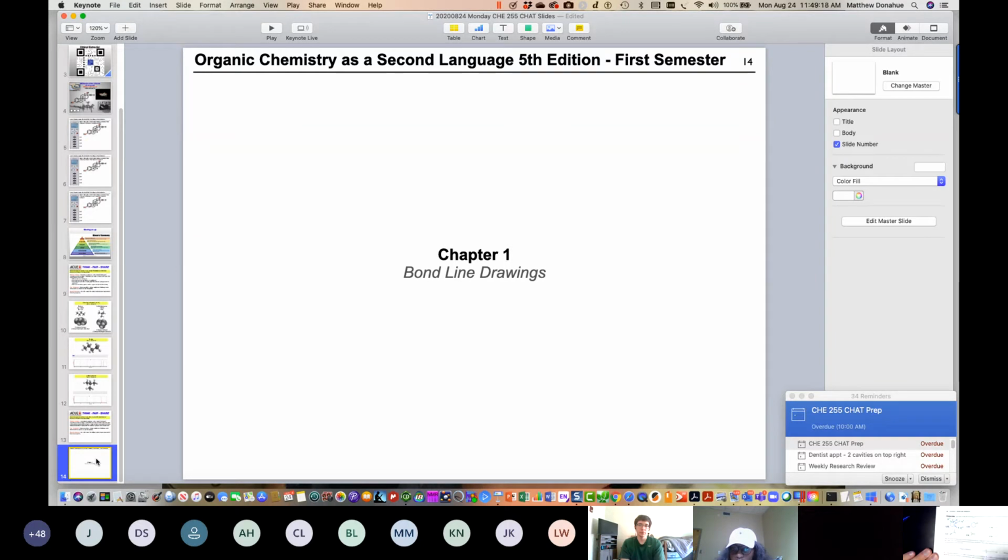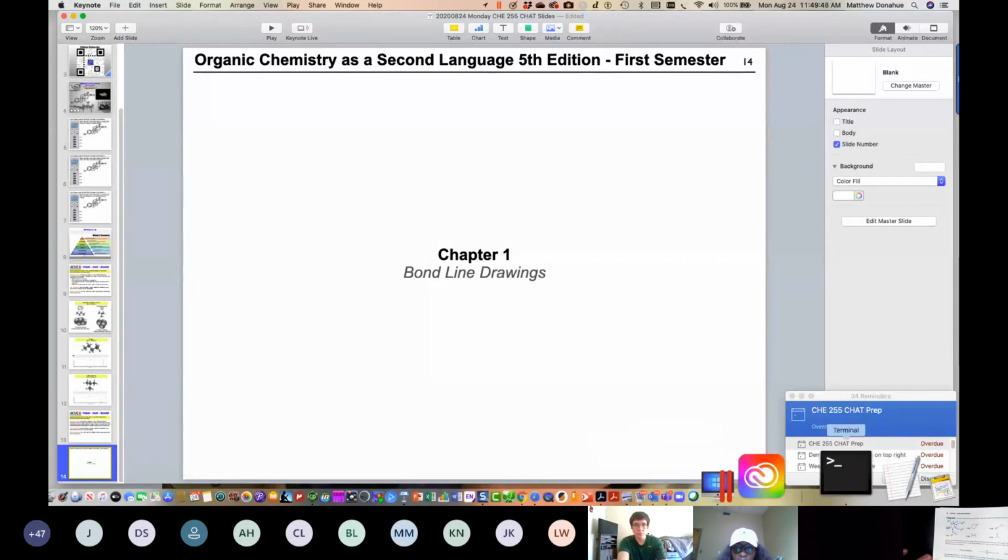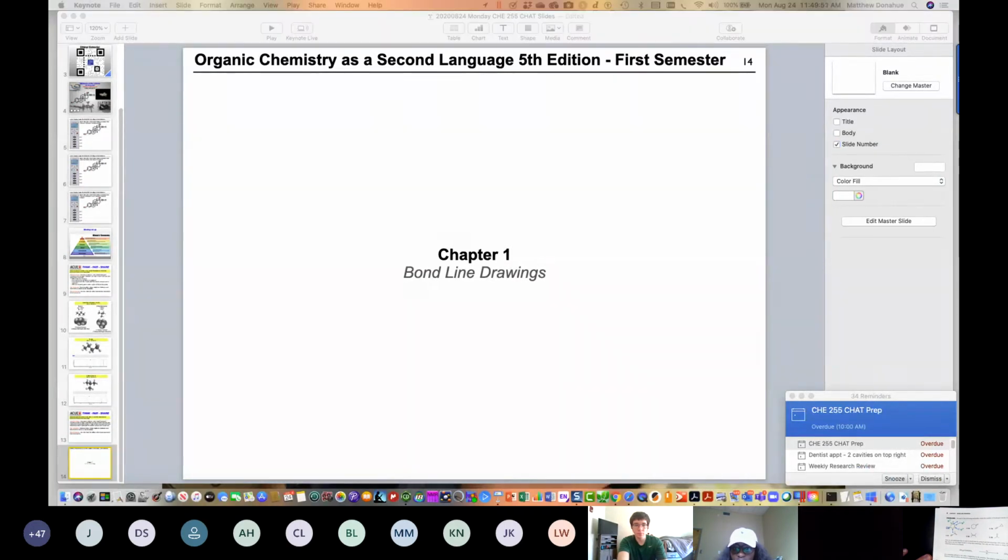It's also sp2. How many hydrogens there? Two here. Got some more 2s. And then the last one, that's also 2.